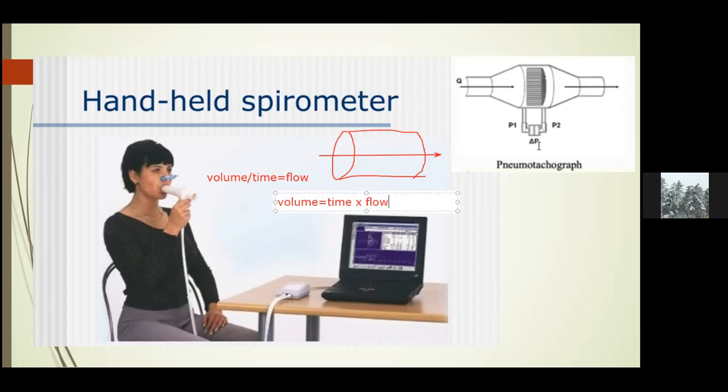Now, once you capture the volume, the information is transferred from the spirometer to a computer. And the computer is going to capture the volume in one direction, so that if you're blowing out, the volume of air will go in one direction.